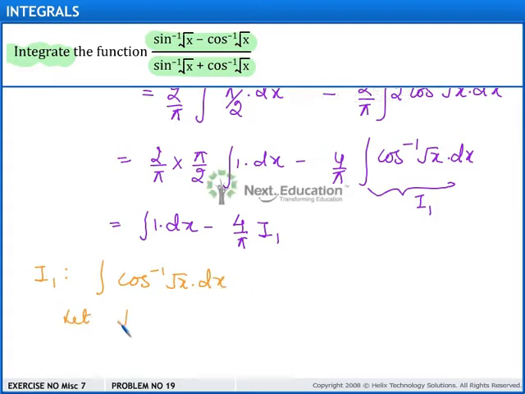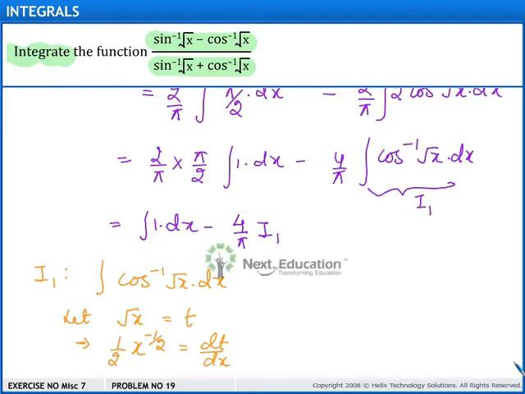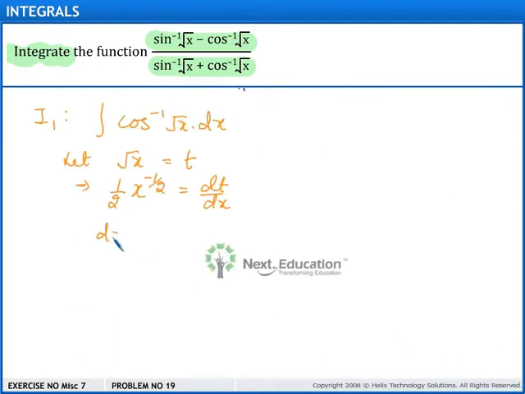Now let us suppose that root x is equal to t, that is x raised to the power half is equal to t. So on differentiating both sides with respect to x, we have half into x raised to the power minus half is equal to dt upon dx. That is, dx is equal to 2 into dt divided by root x, and root x is nothing but t.